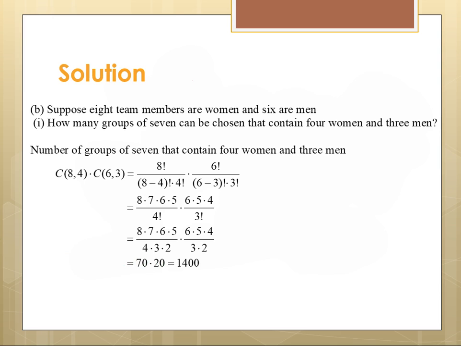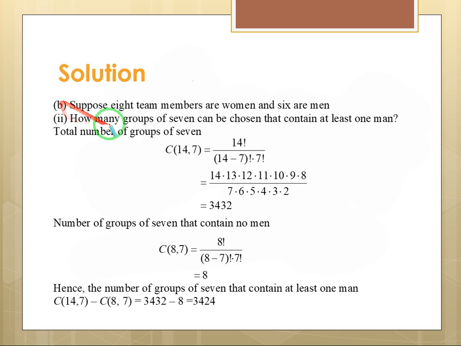Then coming to the second part of part B: how many groups of 7 can be chosen that contain at least 1 man? So again, 14 choose 7, which is already solved. And the number of groups of 7 that contain no man. Now we have no man, so the total number of women is 8, and the combination is 7.